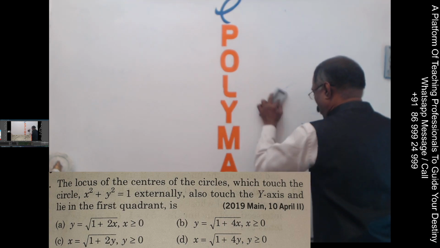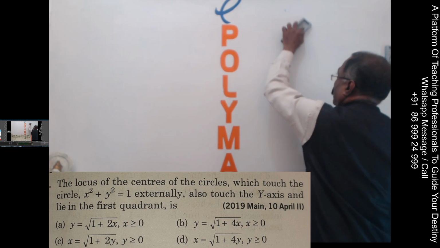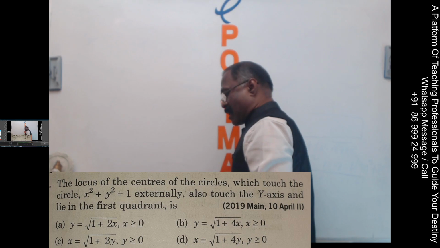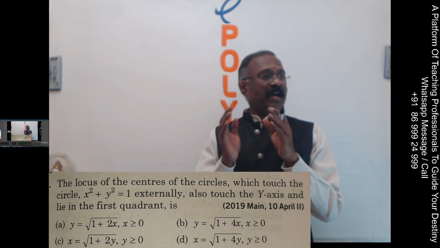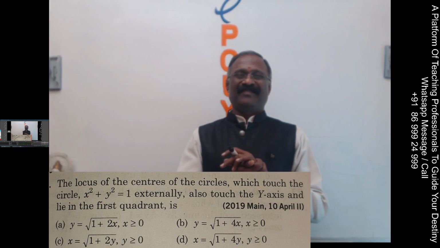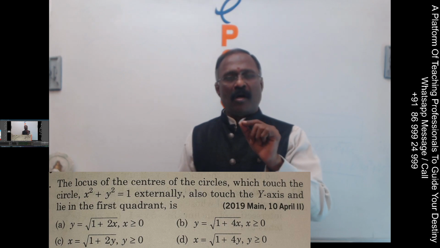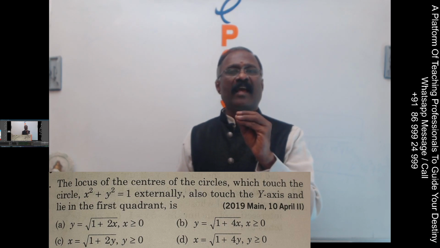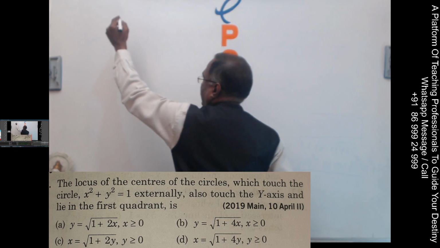Whenever you come across locus problems, always start the problem by taking whatever the point is after the locus of. I repeat this: whatever the point is after the locus of, take that point as x0, y0.